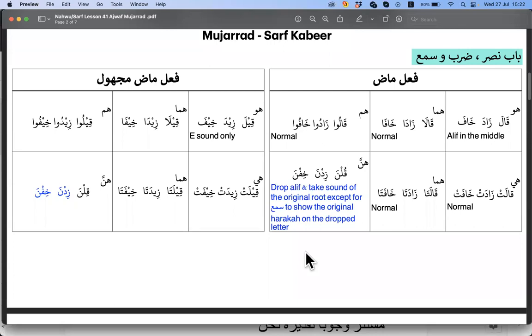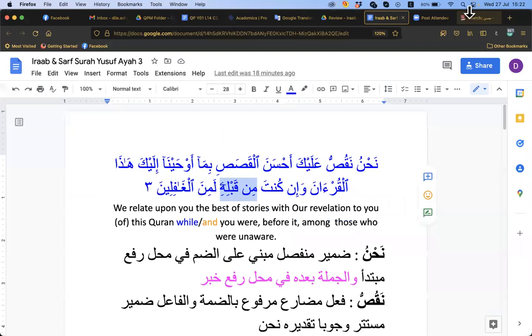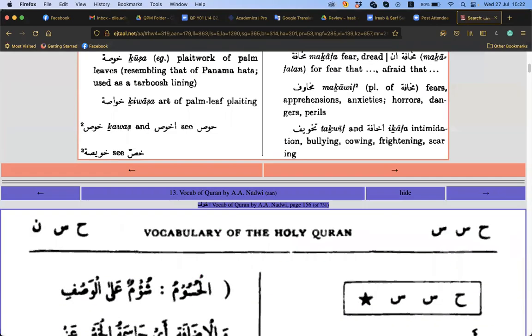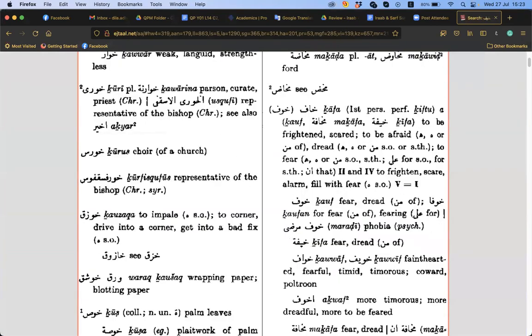Inshallah. I can't remember if this is the one where Istilah tells you the haraka, for the Ajwaf. I think from hunna onwards they tell you the haraka.